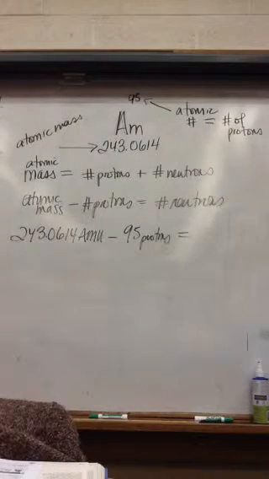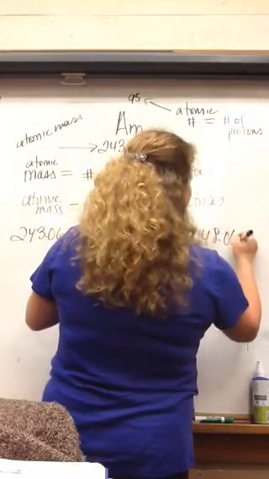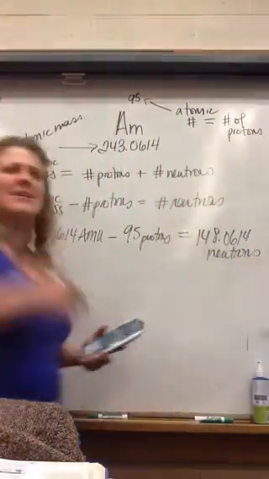What do we get for our number of neutrons? 243.0614 minus 95. What do we get? Who's got an answer? Come on, calculators. 148.0614 neutrons. Does anybody have a problem with that?